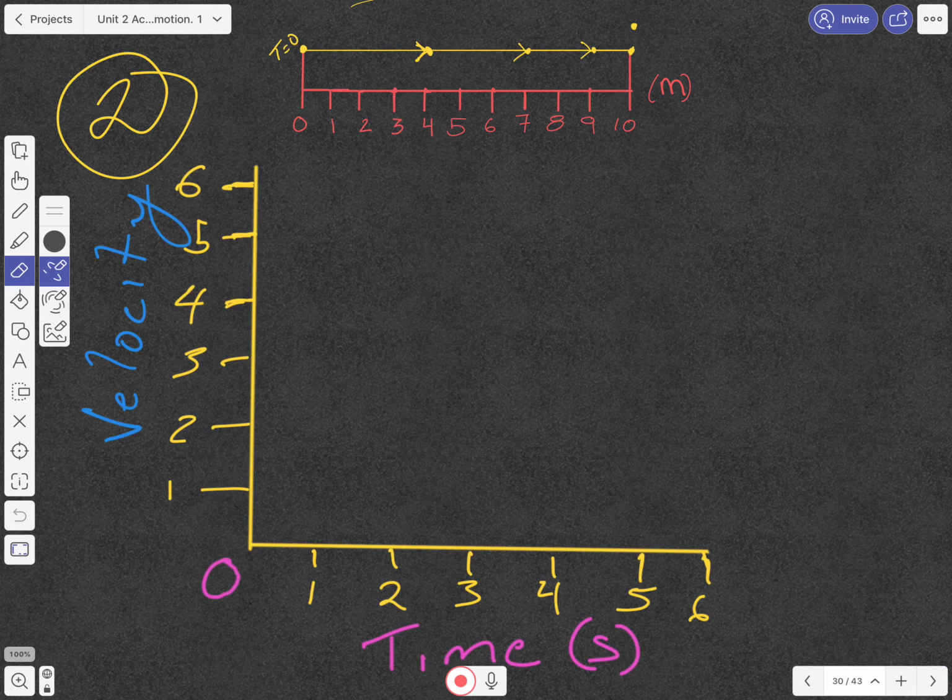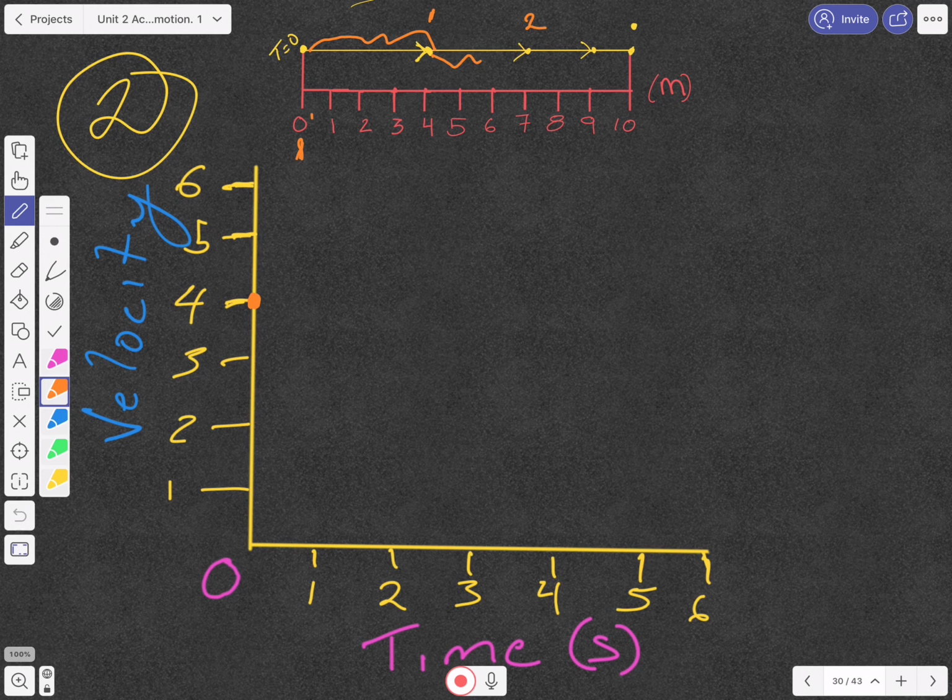So now for this motion map, we know that at 0 seconds, we're at 0 meters. And the arrow here has gone 4 meters in 1 second. So we know at 0 seconds, our object is going 4 meters per second. So now this is our 1 second and our 2 second.